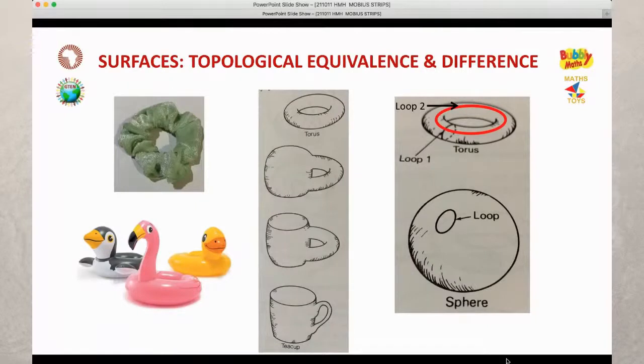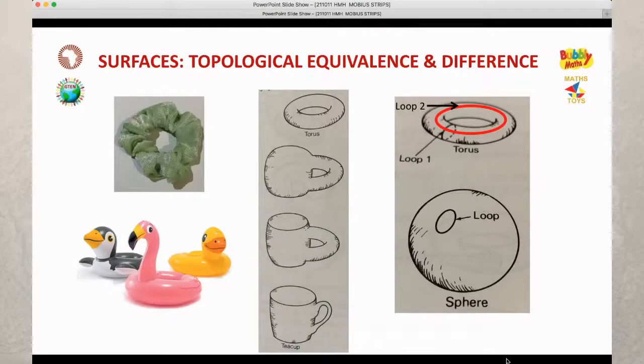Now, sometimes people think about topology as being the rubber sheet sort of geometry. So what you have is something which, like the plasticine there, you can mold, but you mustn't make any new holes in your piece of plasticine.